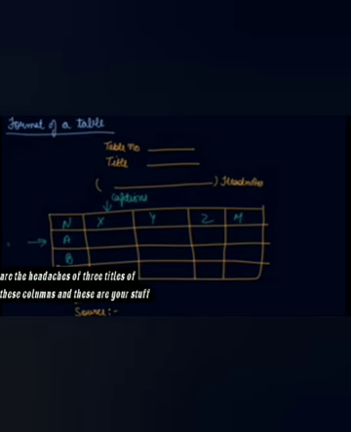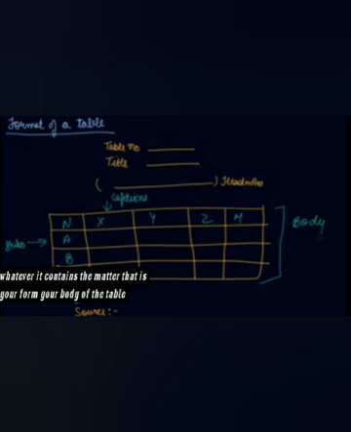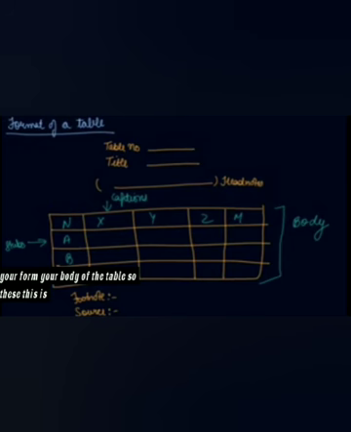And these are your stubs. That is the title of the rows. So, and this, whatever it contains the matter, that is your body of the table. So, this is the format of a table and the components of table.